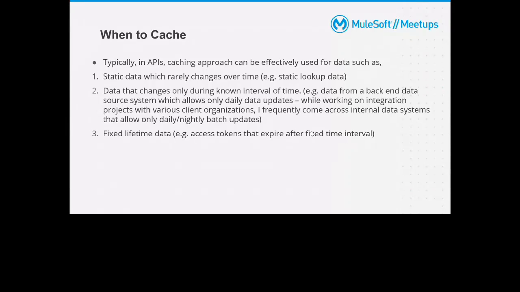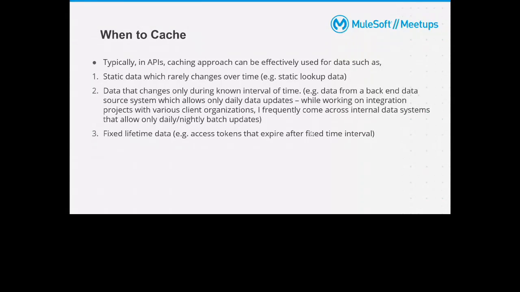Even in those 4 hours, if someone tries to fetch the data 100 times, they don't need to call the database 100 times. The Mule layer itself can cache the response and give you the data however many times you need. Once those 4 hours are complete, Mule will again call the database and cache the response, and then the new response will be sent to new users, whatever new request comes in.